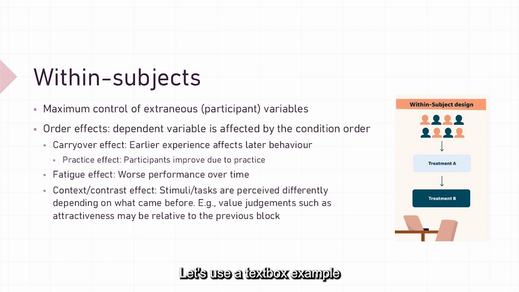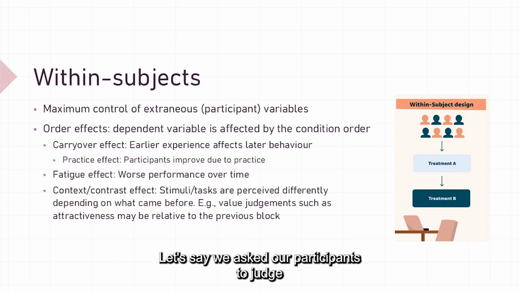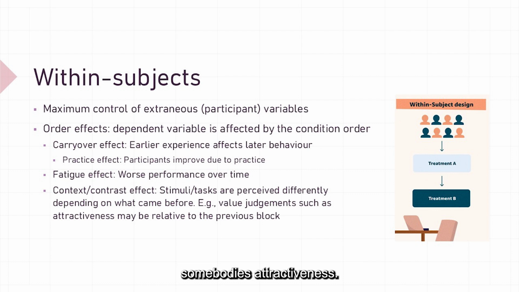Let's use a textbook example to illustrate a context effect. Let's say we asked our participants to judge somebody's attractiveness. If the participants saw in the first block more attractive people, they can judge persons from the second block more harshly.